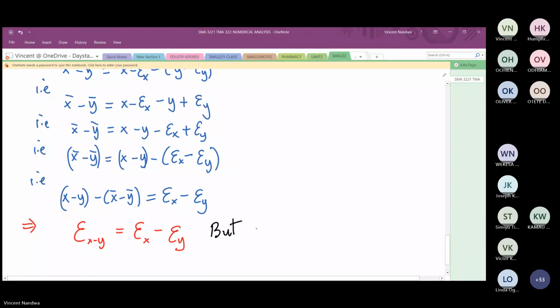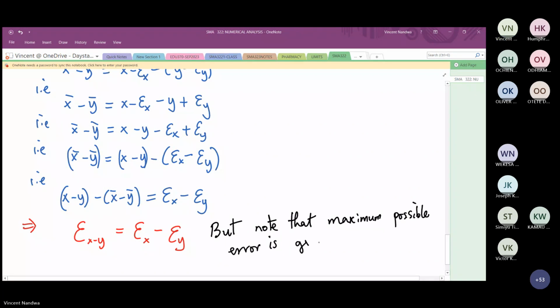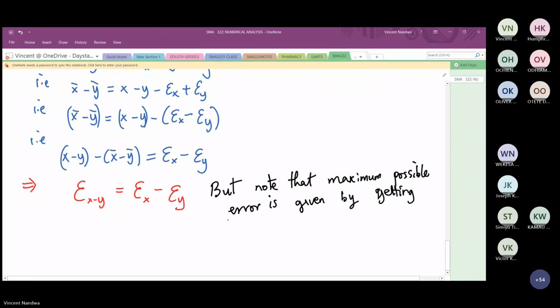But note that maximum possible error is given by getting the absolute magnitude of the errors.